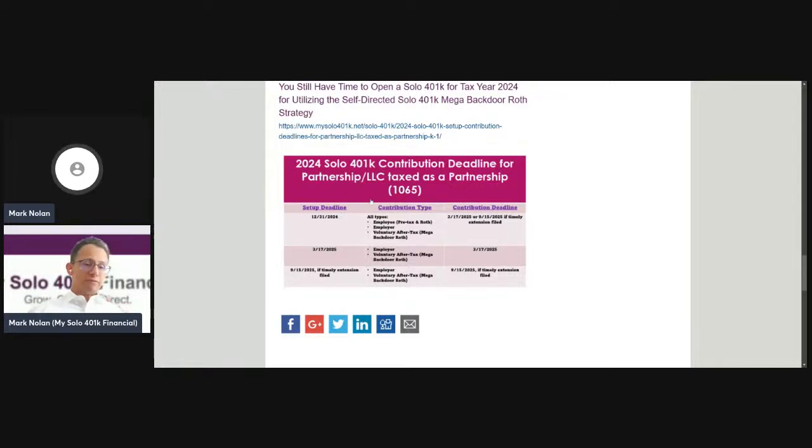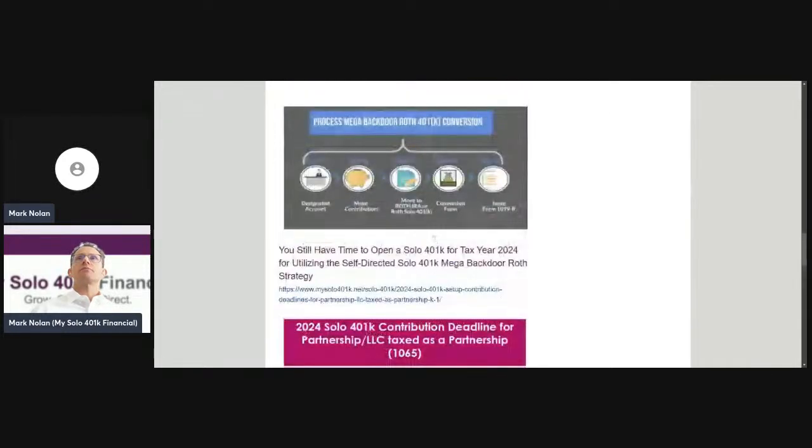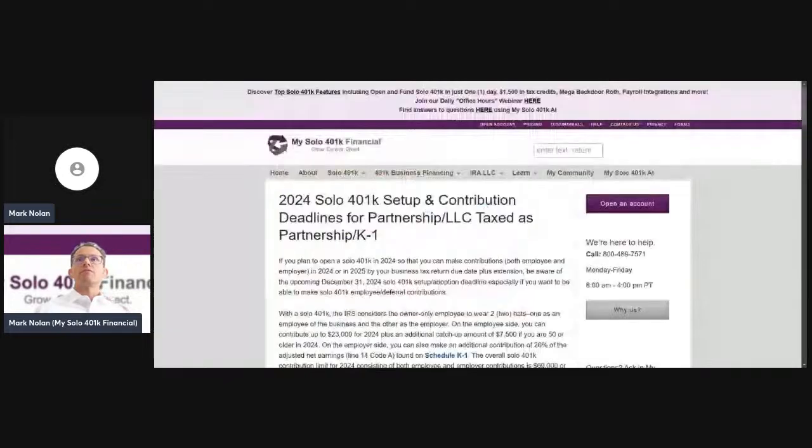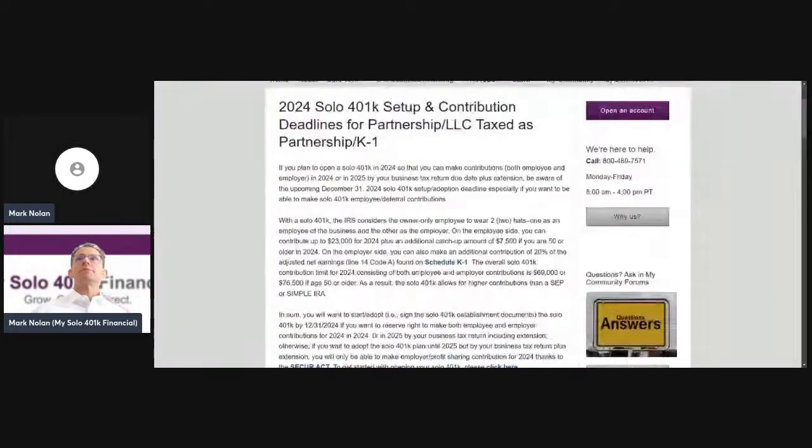For tax year 2025, you have until next year in 2026 to also open the solo 401k and make contributions for 2025. We're talking about voluntary after-tax solo 401k contributions. And here's a page that you can take a look at further from our website that talks about the voluntary after-tax solo 401k contribution deadline for 2024 for a partnership.